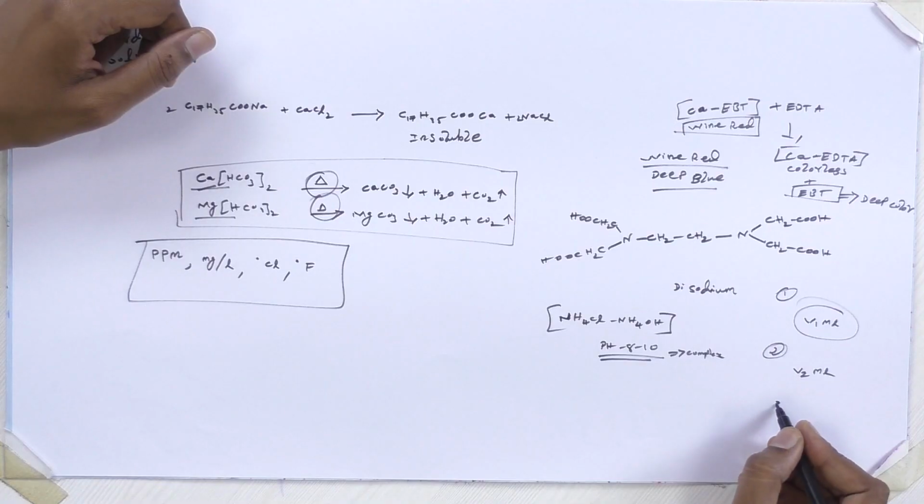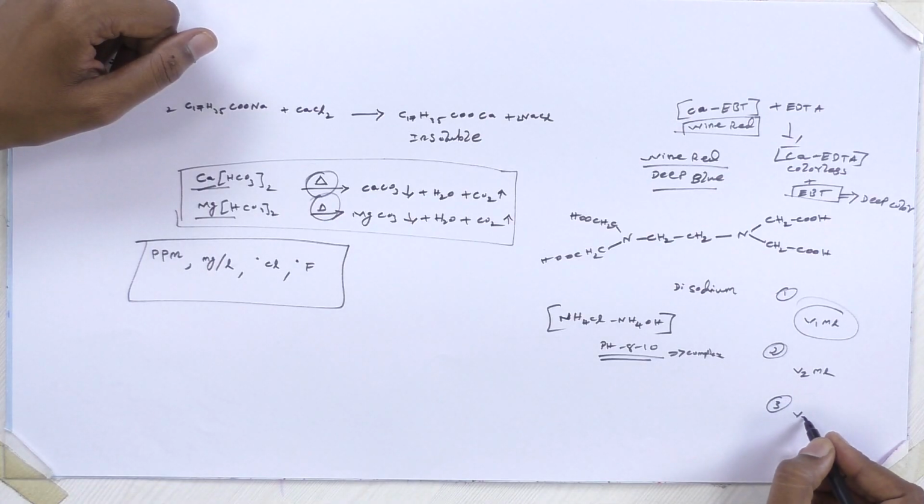Now just filter the sample and take 20 ml of that filtered sample, add EBT indicator and ammonia buffer, and titrate against EDTA to the same endpoint, from wine red to deep blue color. Note the reading for the third titration, that is V3 ml. So now you have three readings.